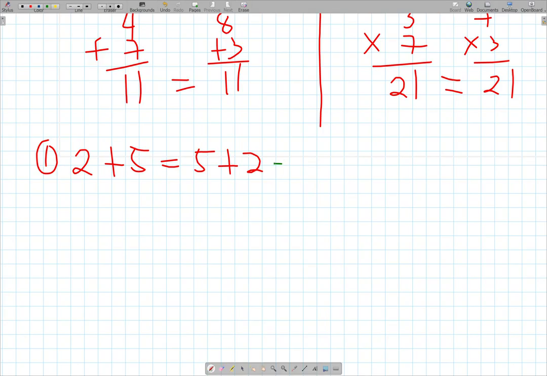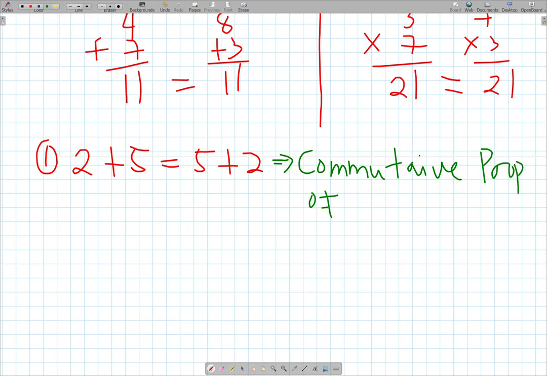Ang tawag dito ay commutative property of addition, kasi dalawa lang, no?